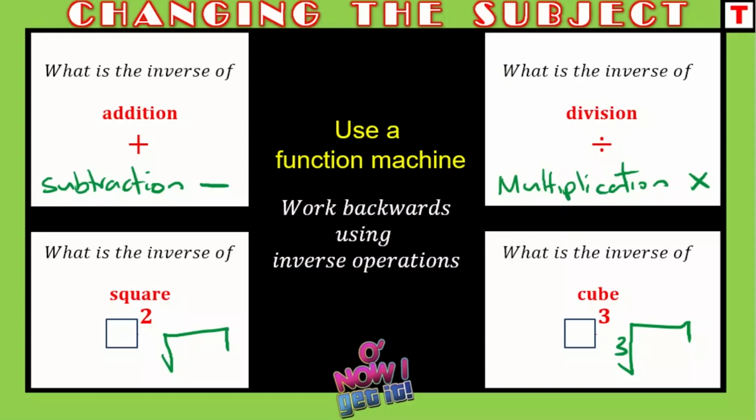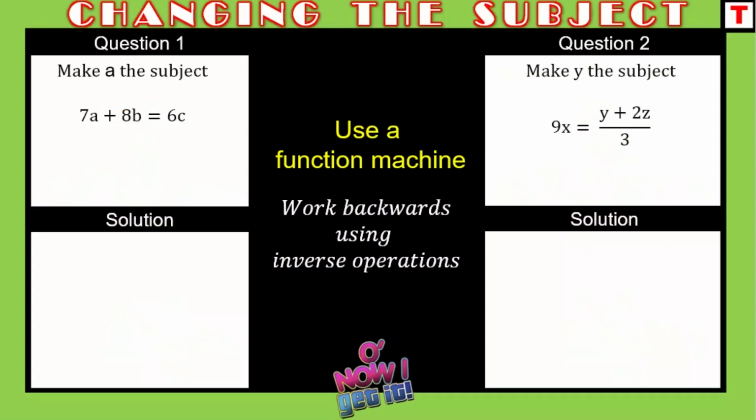So we're now going to be looking at a few questions where we're making the variable the subject of the formula. So question 1. Make A the subject of the formula. The first thing that we're going to be doing is using the function machine to write down what is happening with the variable A that we're trying to make the subject.